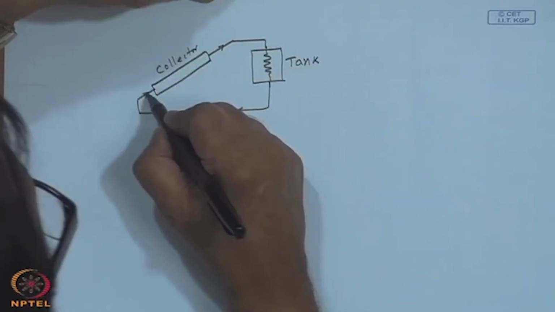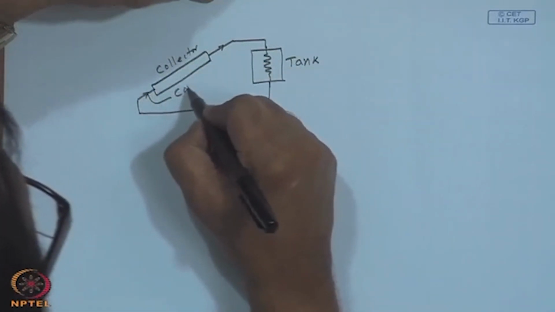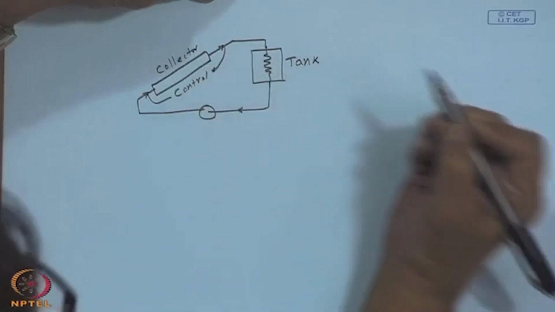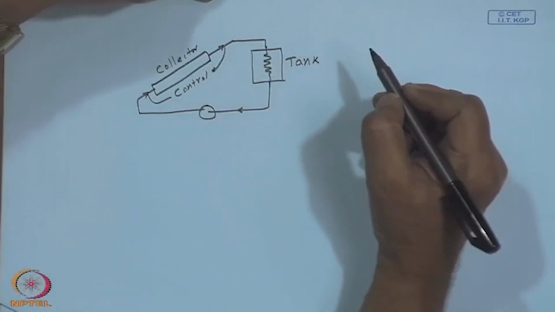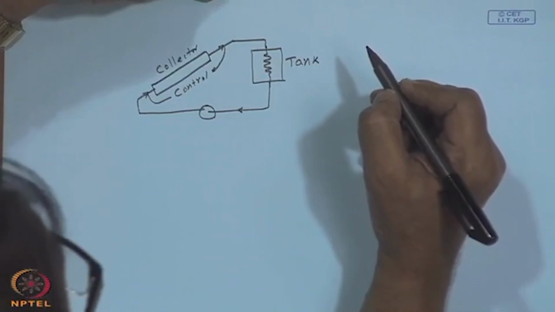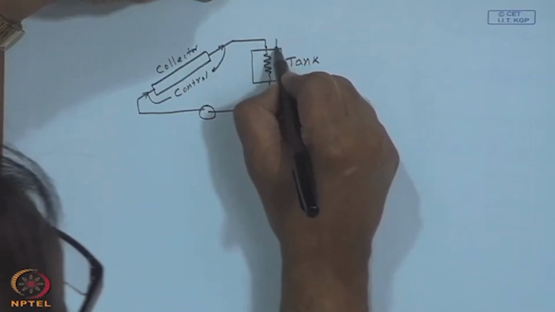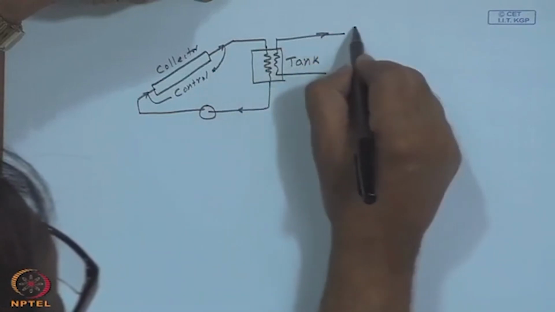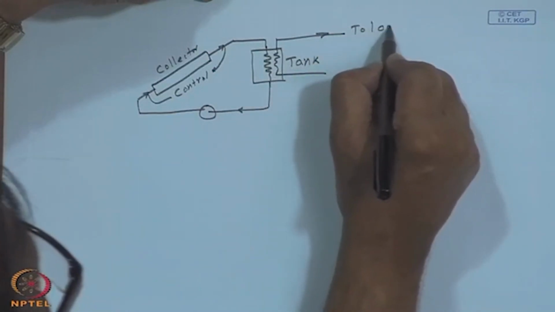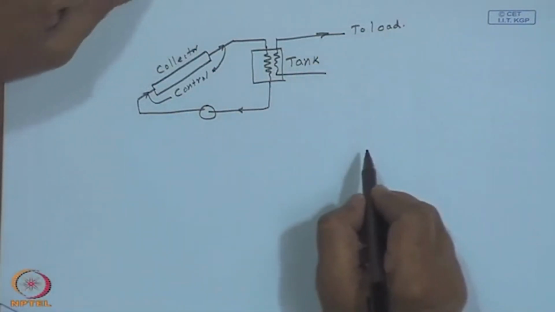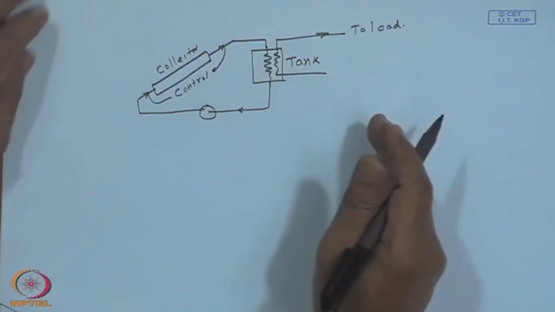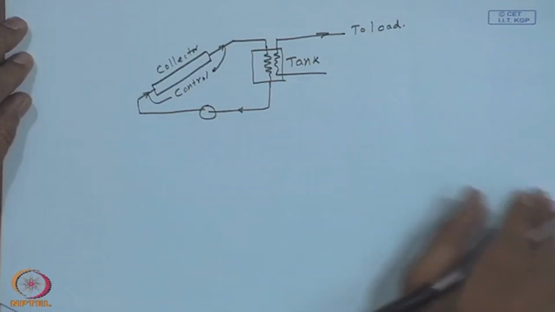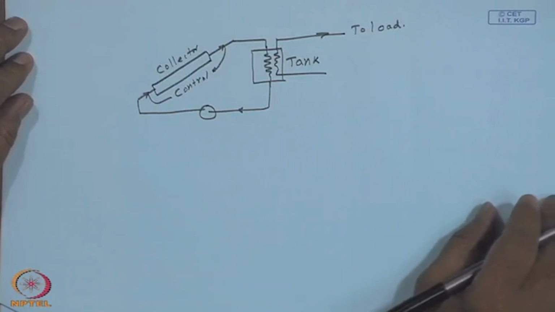Still, if I want, I may have a control which ensures that the exit temperature is higher than the inlet temperature. From here, I may take it to the load. So, if there is no heat exchanger, I can assume effectiveness to be unity. That will come to about it in simulation later.